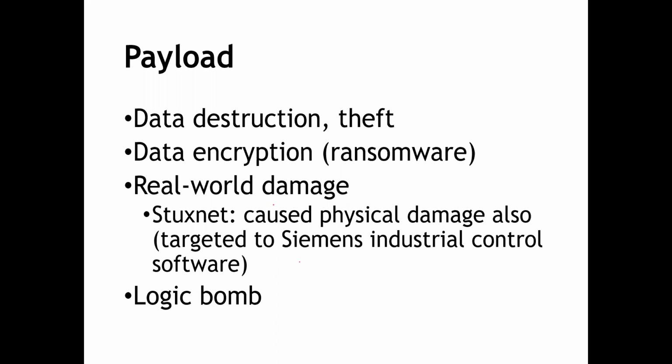We have examples of some of this payload. We have Stuxnet. This Stuxnet causes physical damage and also targets Siemens industrial control software. Siemens, by the way, still produces hardware and software, mainly for labs, like MRIs, all those big lab equipment.